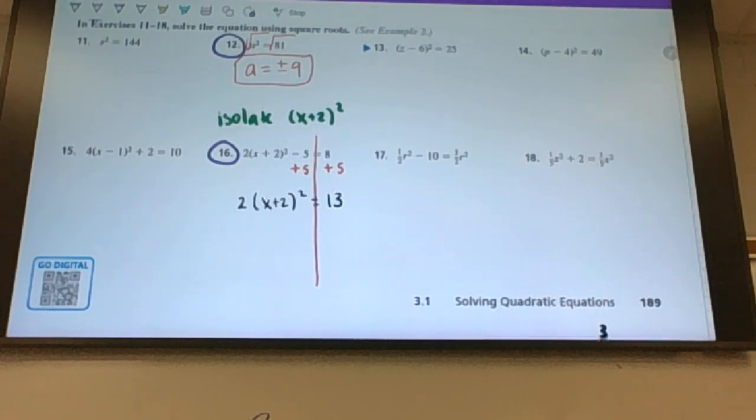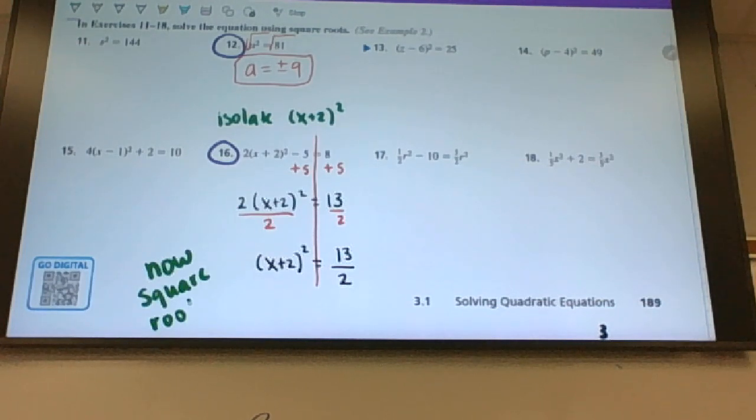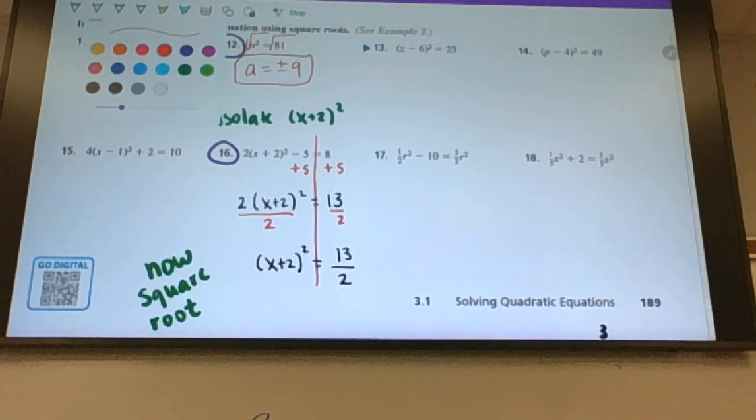You can't do that. Divide on both sides, and you're just going to have to work with a fraction. And now we'll square it.